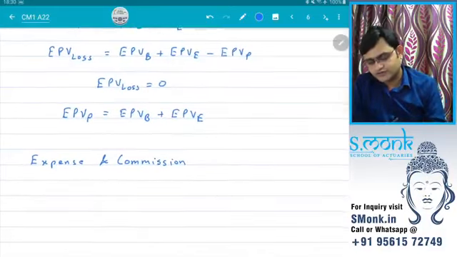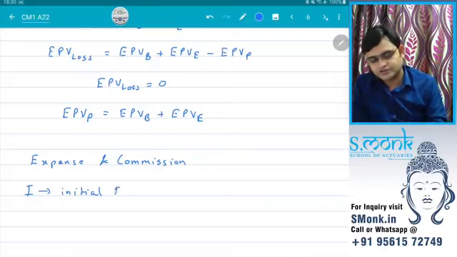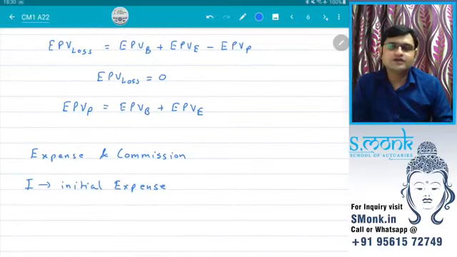The first type, I'll write it as capital I, would be called initial expense. Initial expense is whatever expense that we will incur at the beginning of the policy.